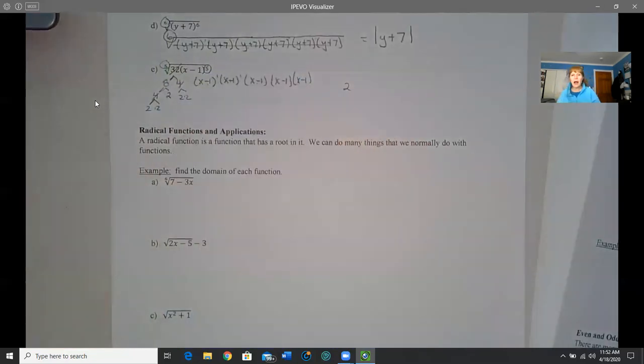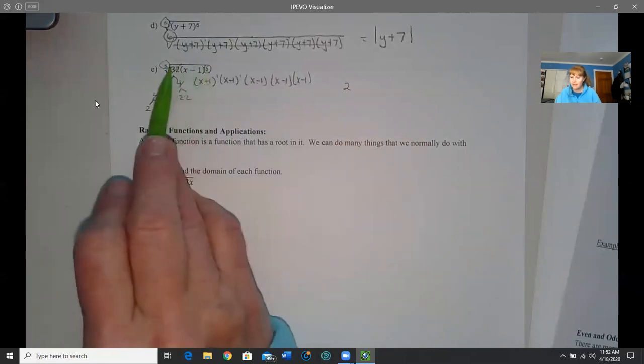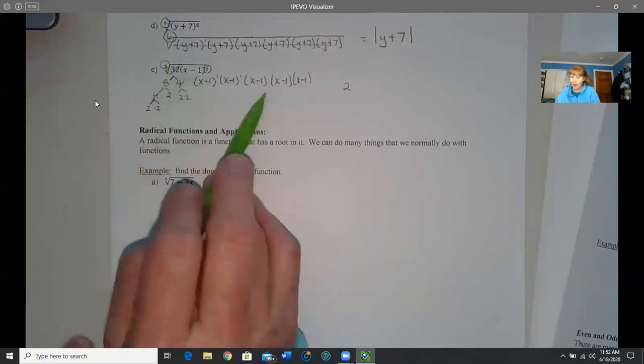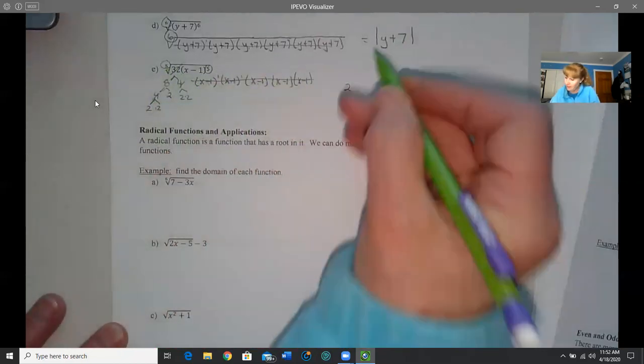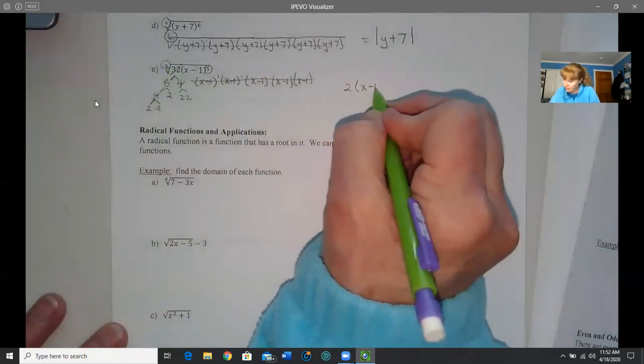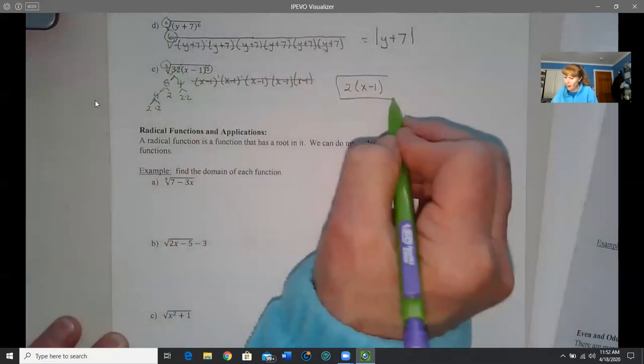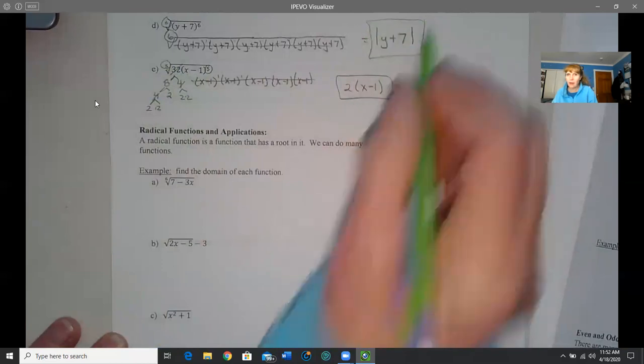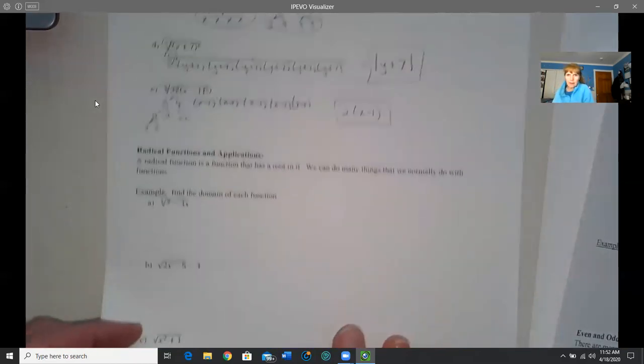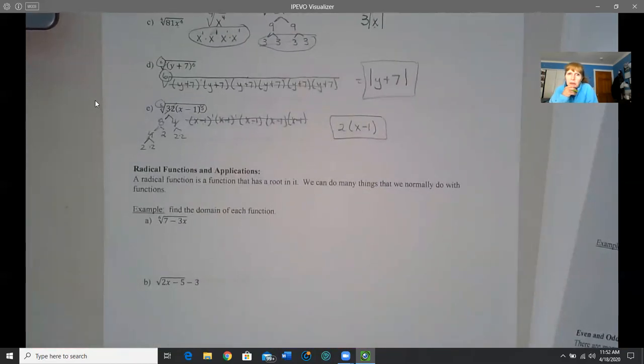Okay, so I have 5 x minus 1s to the 1st. That's what that means. This index tells me I want 5 of something to come out. Well, I've got them. I've got 5 of them. And so I end up with x minus 1. So there's your answer. No absolute values like I had in the other ones, mainly because it's an odd. So we didn't need that.